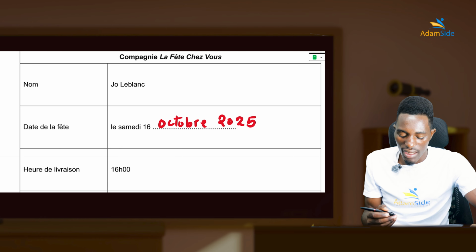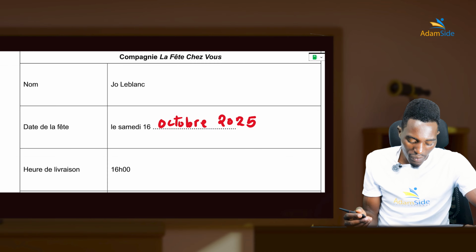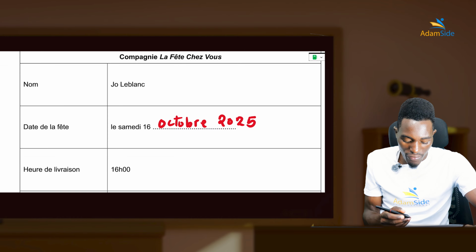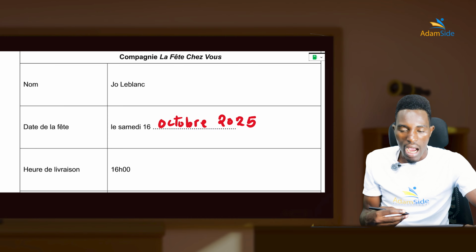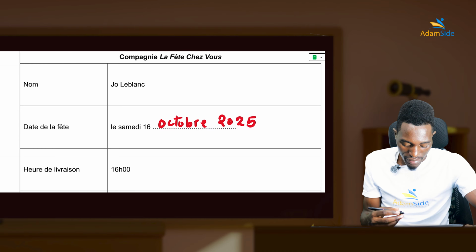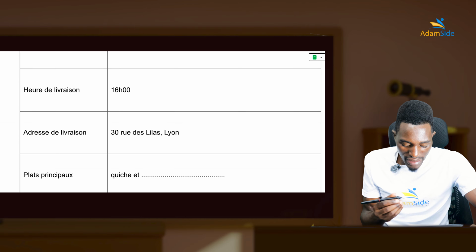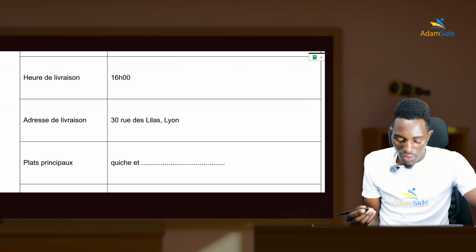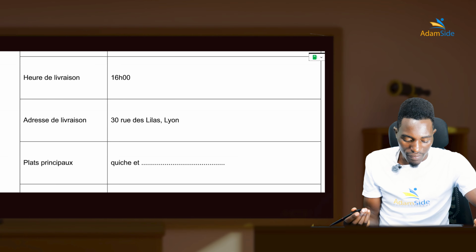So le samedi 16 octobre 2025. Heure de livraison: c'est à 16 heures. Adresse de livraison: c'est 30 rue de Lyon.